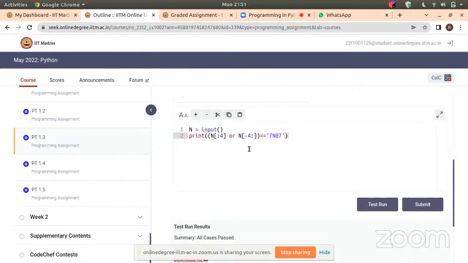It should be n of 0 to 4 equals TN07 or n of minus 4 to the end equals TN07. You are doing the OR operation for the two strings, the first half and second half of the registration numbers, but that's not what you should be checking. You make that change and it will work fine.